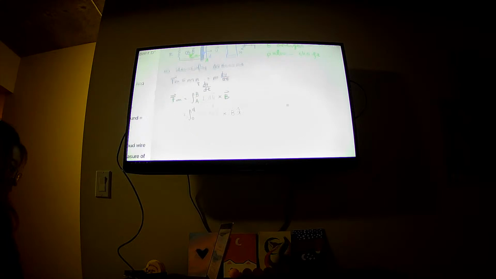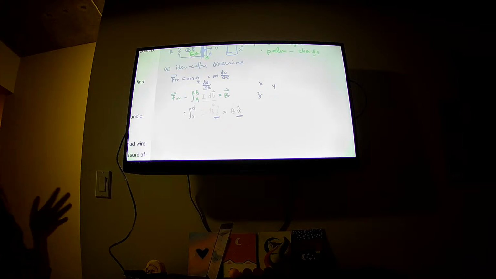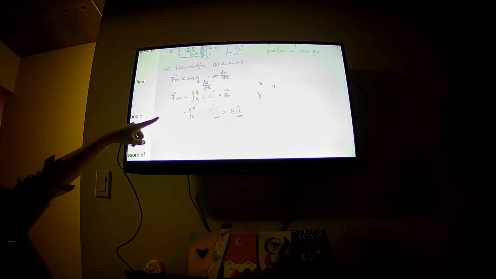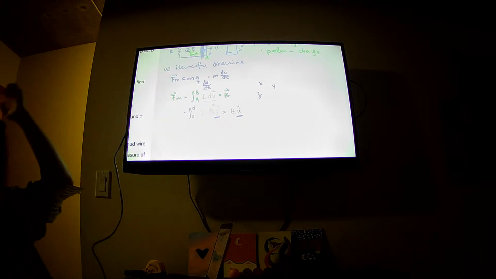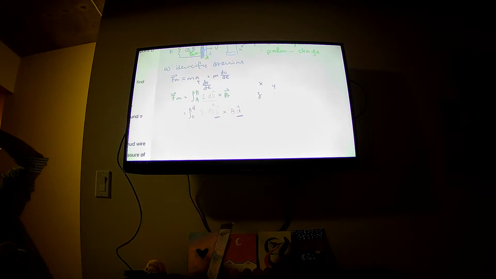And then z times x, do you know how to do a vector cross product? The way you do it is by writing all of your vectors that are perpendicular to each other in a certain order.